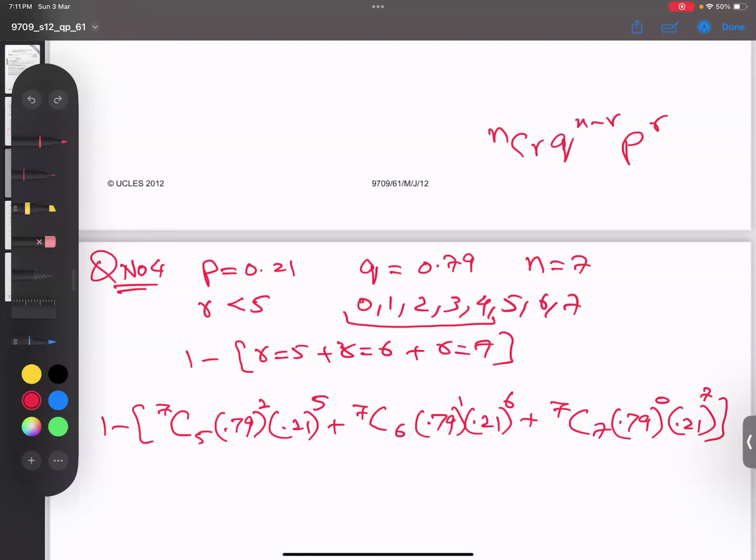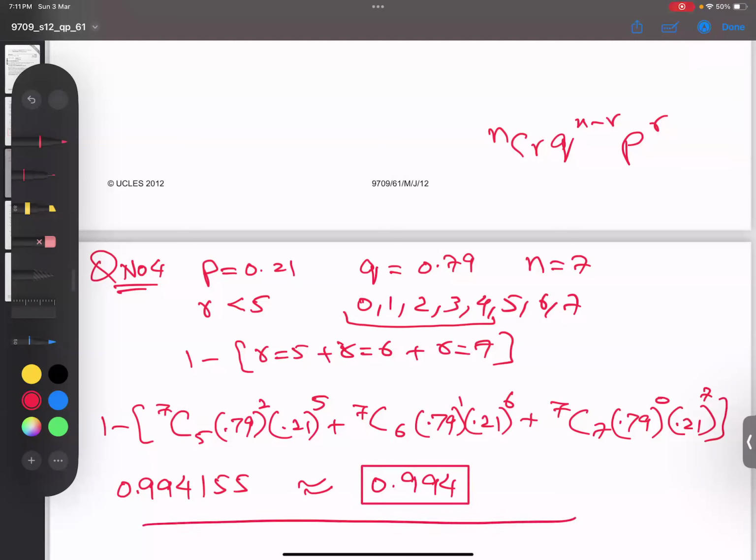When I type in the calculator, 1 minus this answer, I'm getting 0.994155. So approximately 0.994. This is my final answer.